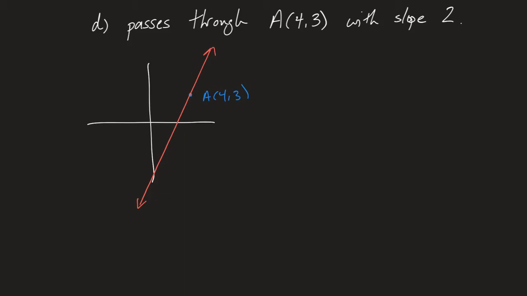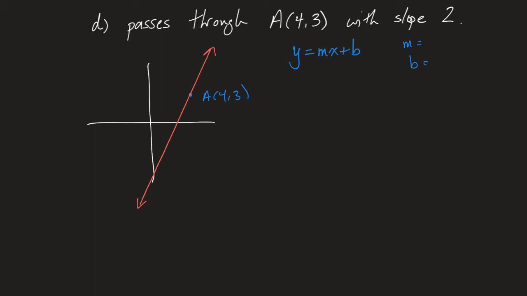I know that all lines can be written in the form y equals mx plus b. And so now what I'm on the hunt for is to be able to plug in an m value and a b value, and then I could have my line, just as we did for the previous 3 problems. So I'm going on the hunt to find what m is and what b is.